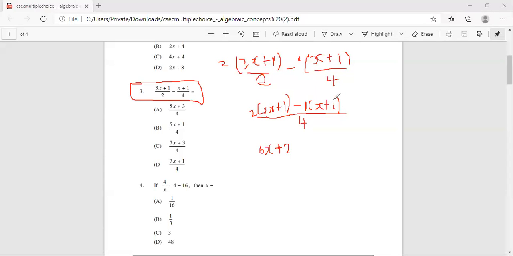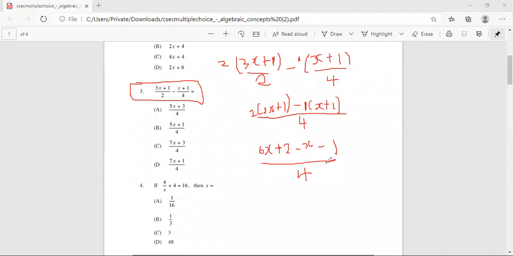Remember, a negative times a positive will give me a negative. So 1 times x is x, and it will be a negative x in this case. Negative 1 times positive 1 will give me negative 1. All upon 4.